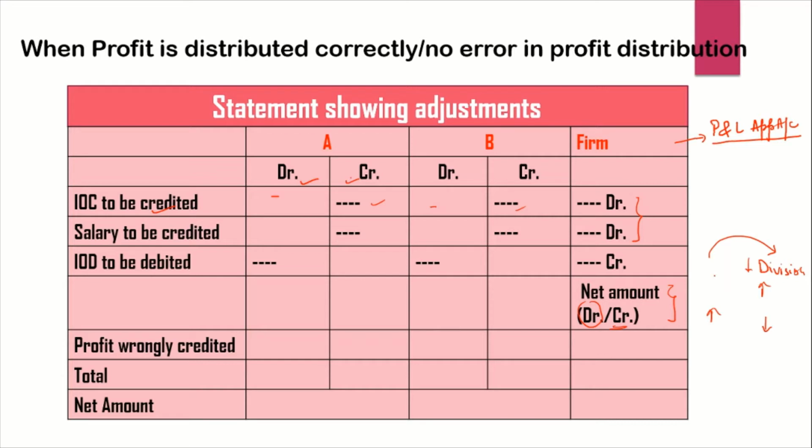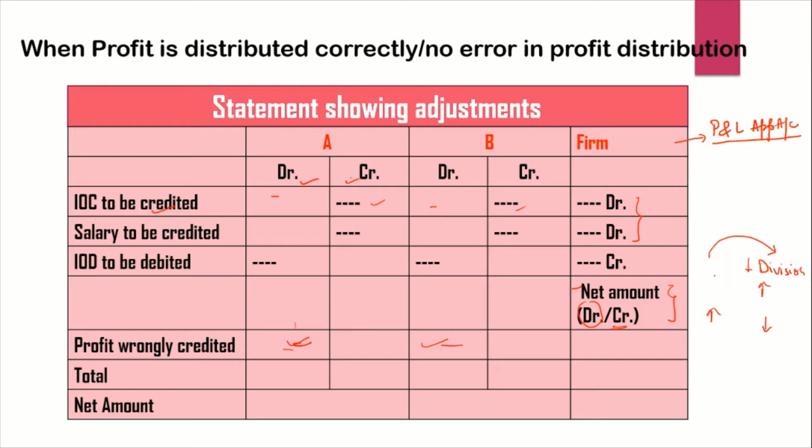And of course, if the profit is distributed in excess, this amount only will be debited to their account and the amount will be taken out. Since we are now providing interest on capital and salary, and charging interest on drawings, if we are giving this, their divisible profit will decrease, so we are going to write it on the debit side, again with the help of the profit sharing ratio.